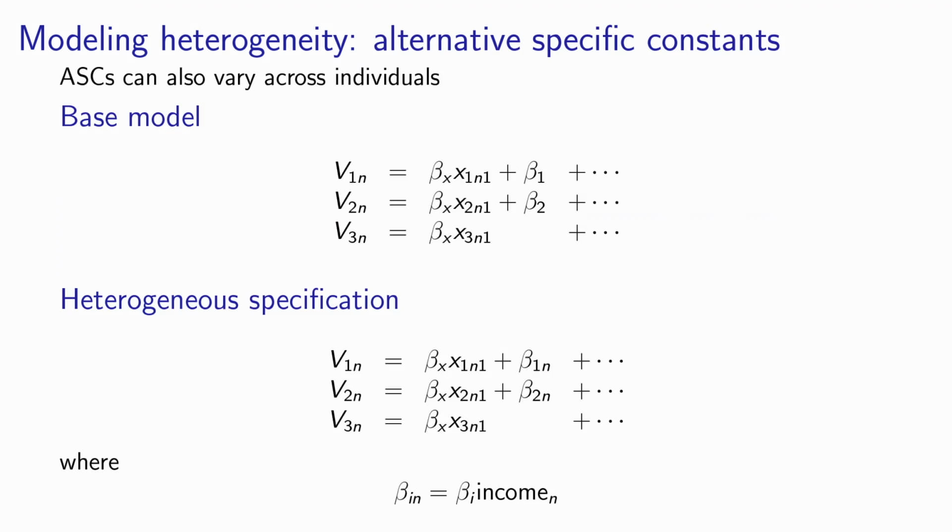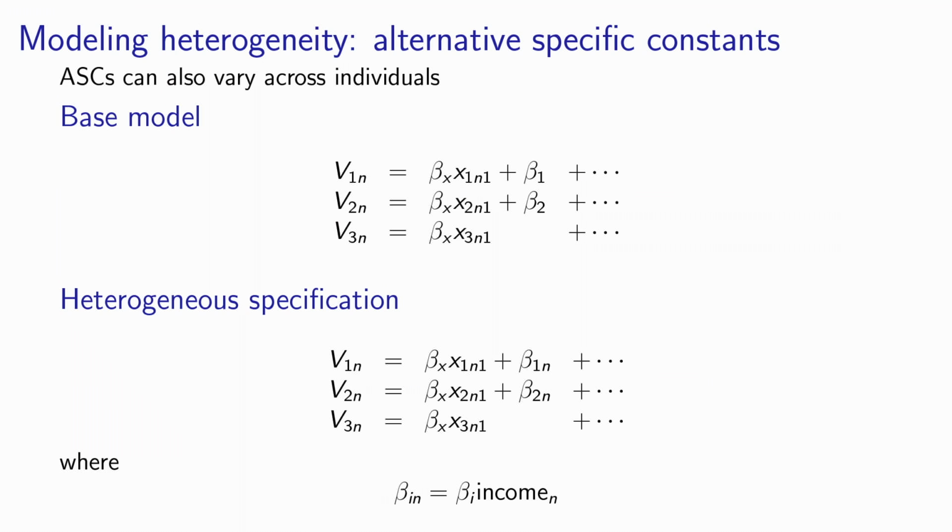So if you look at the first specification on this slide, that I call the base model, it's the classical specification where I have included alternative specific constants to each of the three alternatives, except one that I have normalized to 0. Now what I would like to do, like we did before, is to say this beta 1 and beta 2, the alternative specific constants, vary across individuals.